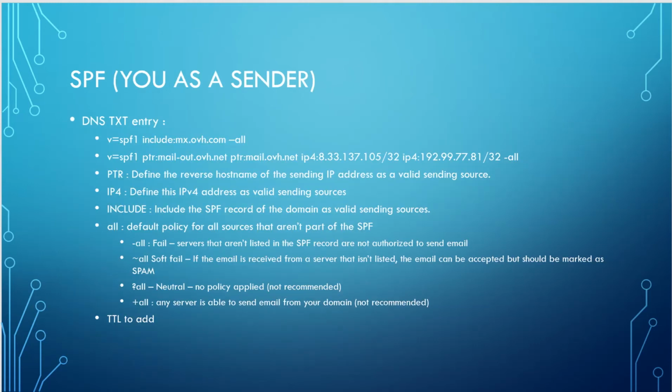Now, the Sender Policy Framework. You as a sender that is going to send emails have to create a DNS TXT entry in your DNS, and this is my SPF record. What you see on the first line is the same thing as the second line, because the include means that we're going to include the SPF record of the domain as valid sending sources.